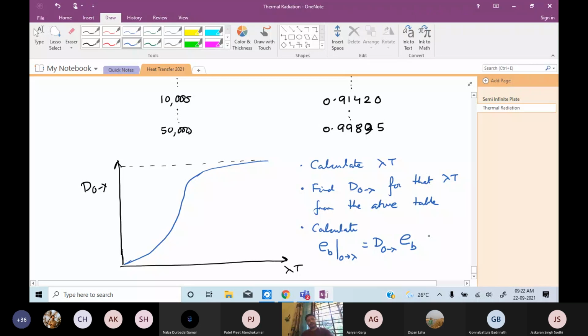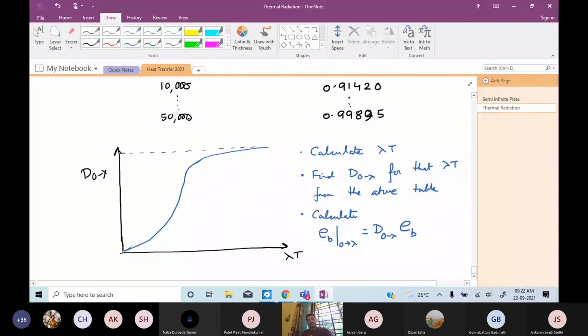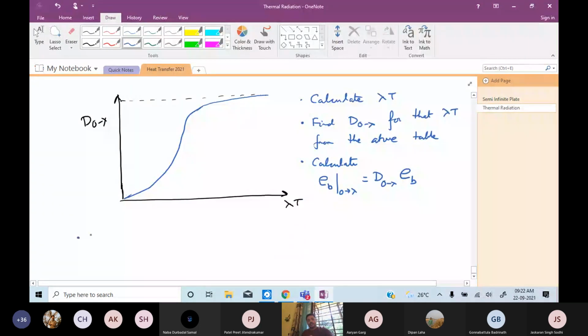Okay. Corollary. What if you have to calculate E_b lambda 1 to lambda 2?